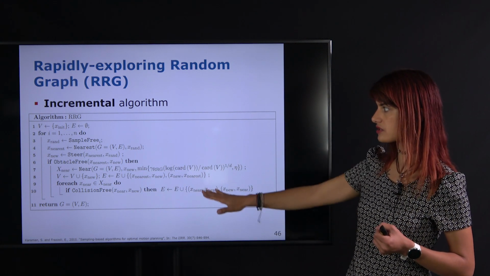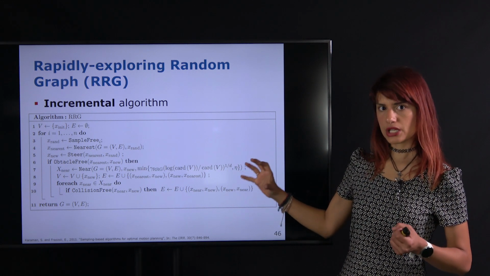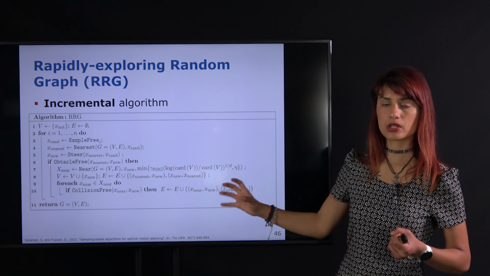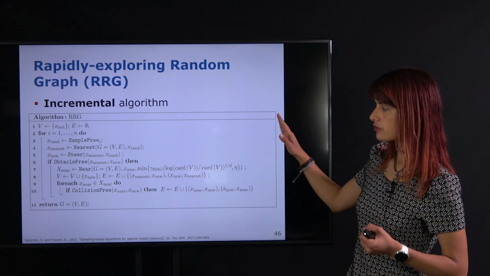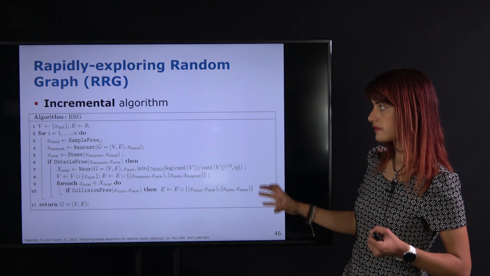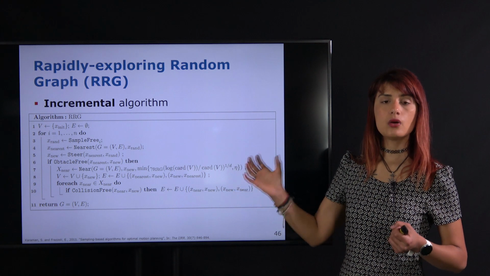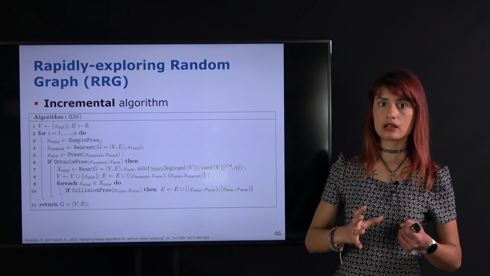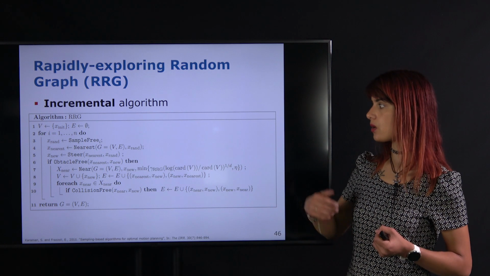So here is the pseudocode, and let's look at it step by step to see what kind of changes we need to make in this algorithm in order to obtain asymptotic optimality. And remember, if we run this code long enough, the asymptotically optimal theorems basically tell us that we are guaranteed to converge upon the shortest possible path over time.